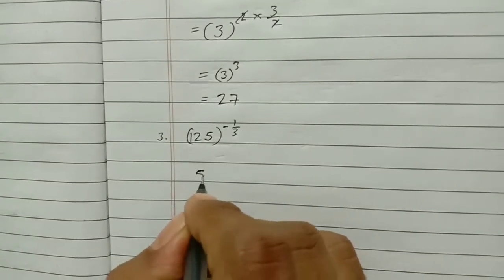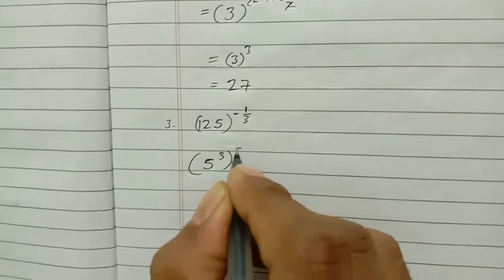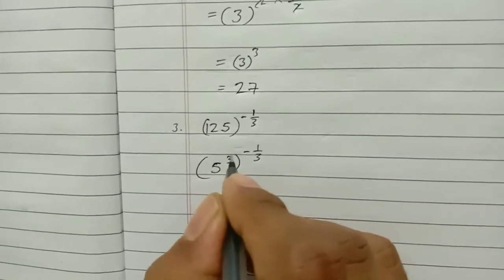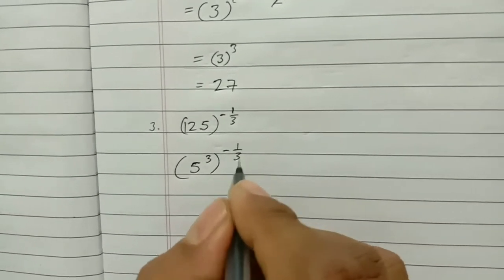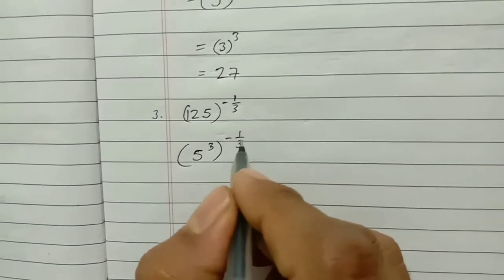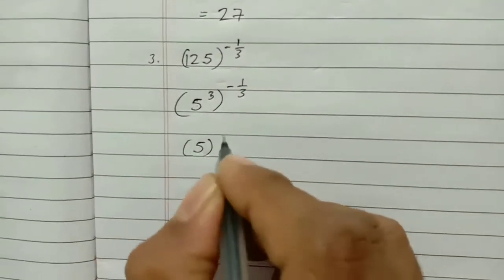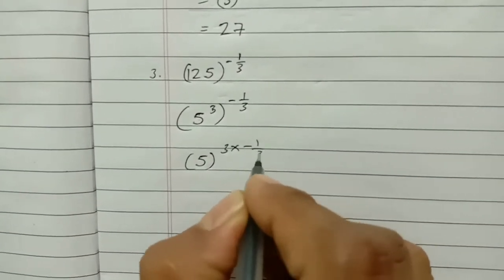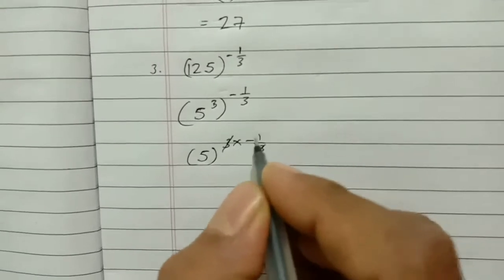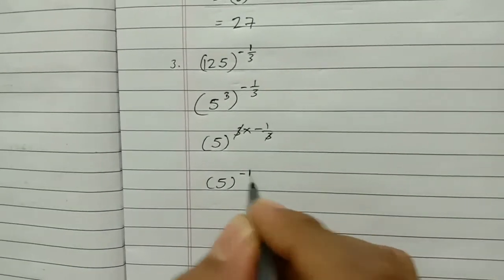So 5 cube into the whole bracket raised to minus 1 by 3. So this is a raised to m into n, minus n sorry, so this will be written as a raised to m into n. 3 gets cut. So 5 raised to minus 1.